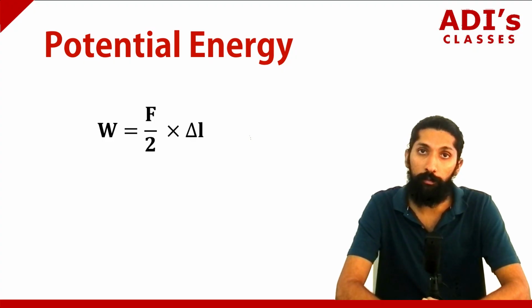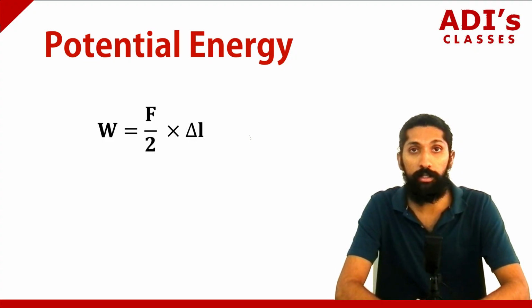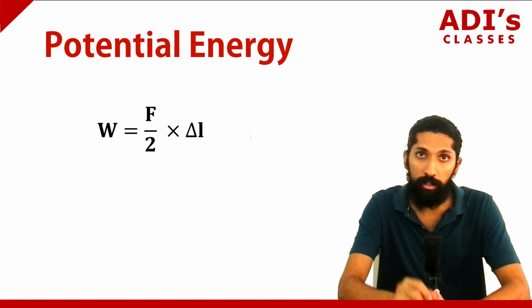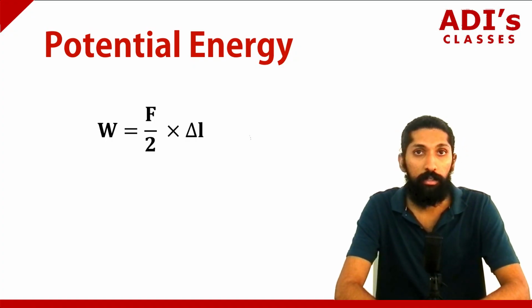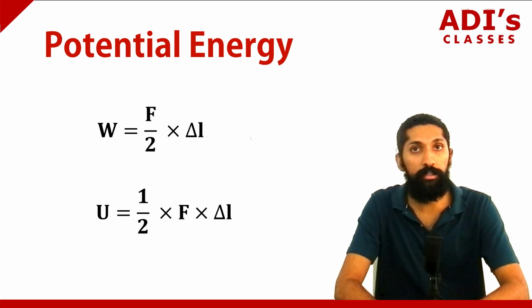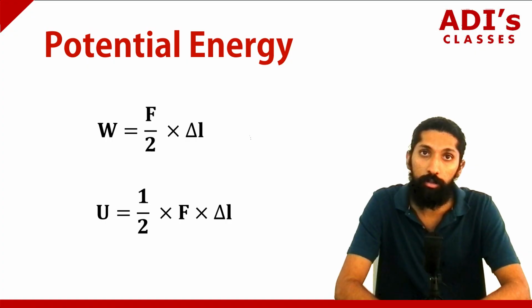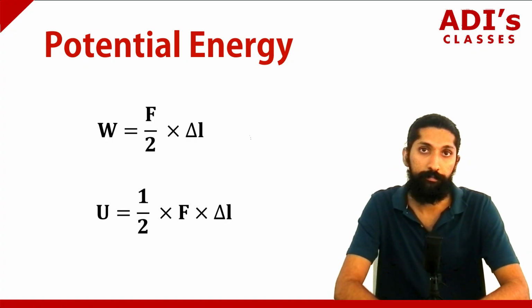So work done W is equal to F by 2 into delta L, the change in the length. This work done is stored as potential energy: U is equal to half into F into delta L.